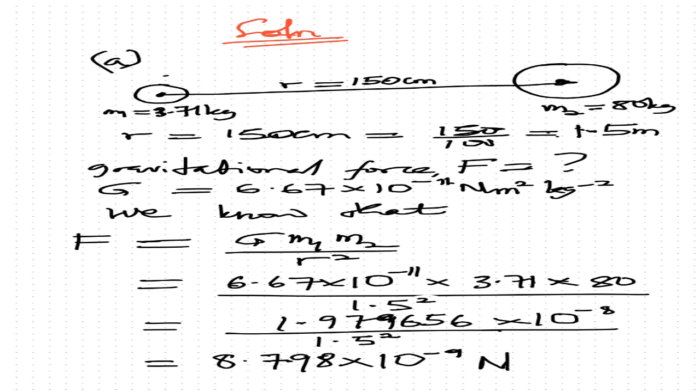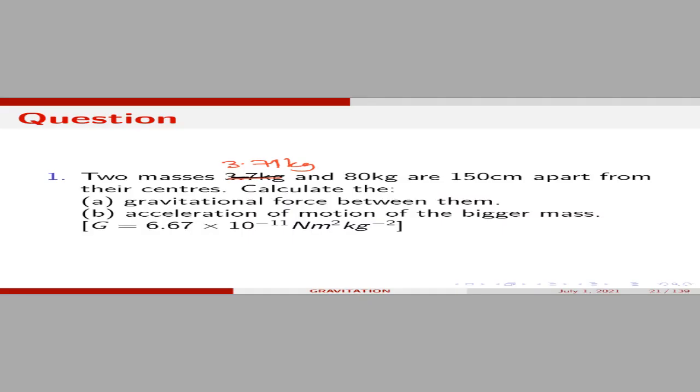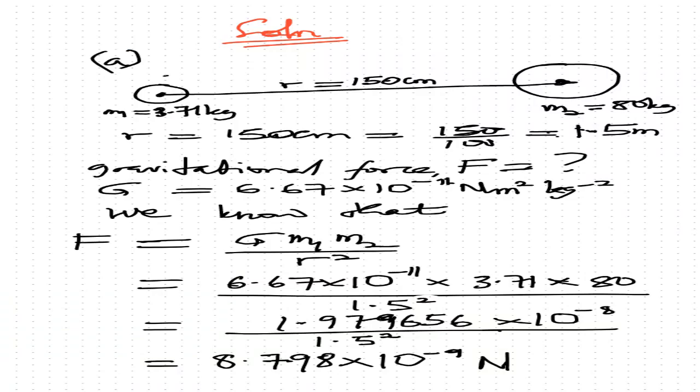Now let's look at the B. The B says what? Acceleration of motion of the bigger mass. Okay. And just find acceleration of motion, not acceleration due to gravity. Acceleration of motion of the bigger mass. So the solution continues.